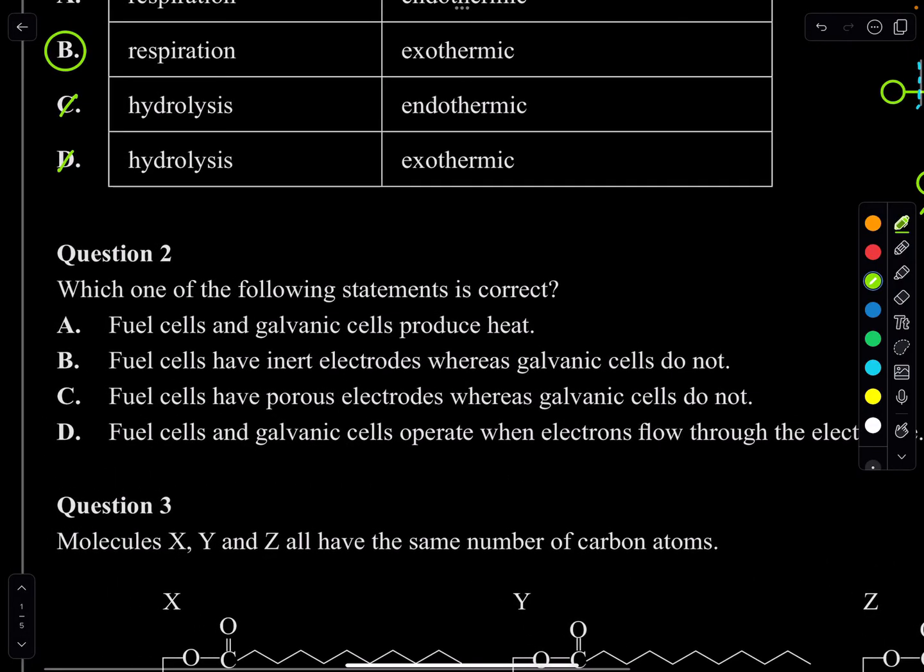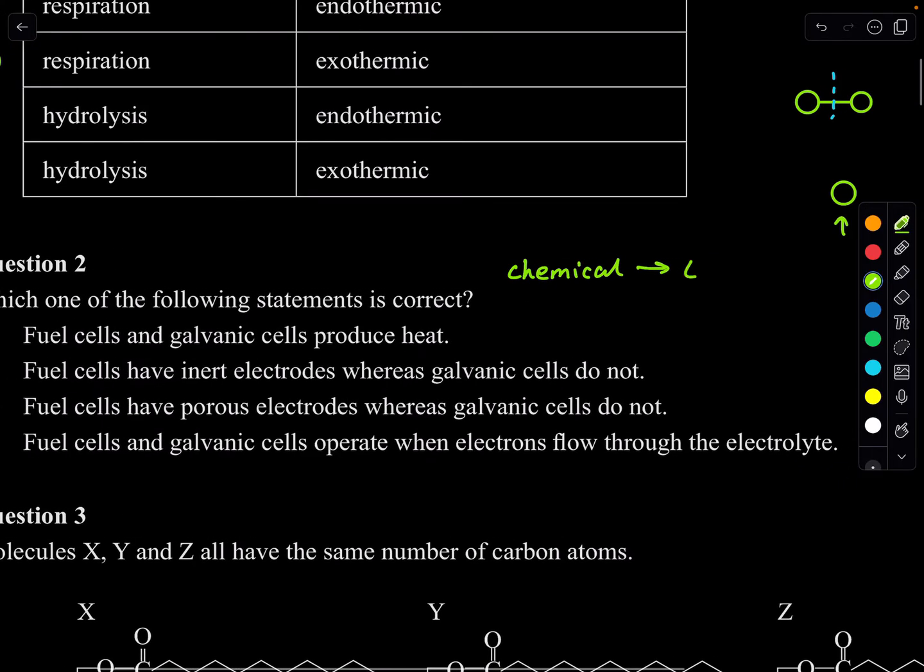Which of the following statements is correct? Fuel cells and galvanic cells produce heat. Yes, they do, actually. We know galvanic cells' main function is to take chemical energy and transform it into electrical. Now, this is not 100% efficient. It doesn't take all those chemicals and produce electricity from them.